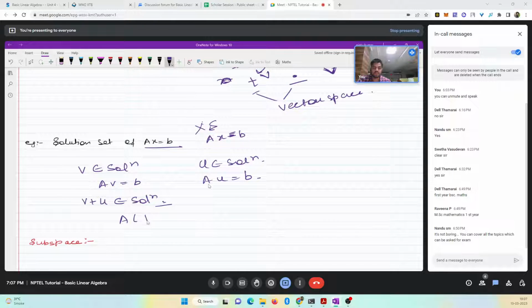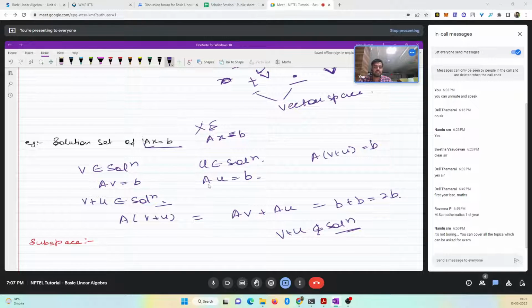If you take A of v plus u, what do you obtain? This is Av plus Au, which is equal to b plus b, which is equal to 2b. But what we wanted is that A of v plus u should be equal to b. So what does this mean? v plus u does not belong to our solution space. So that's why this set that you have is not a vector space.